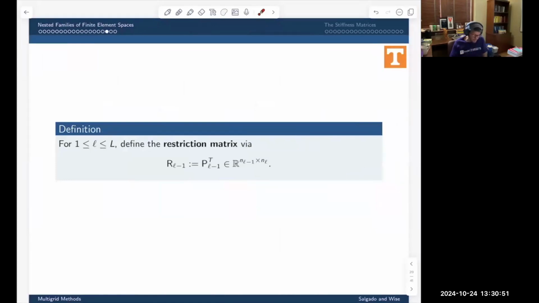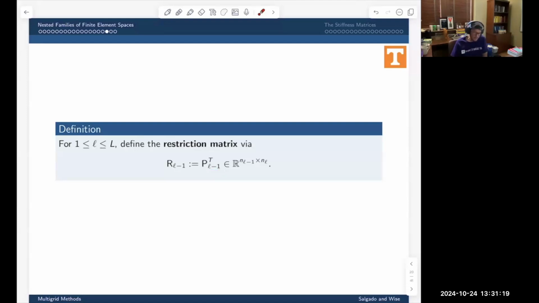All right. Now we're going to define the restriction matrix as we usually do, because we're really interested in satisfying the Galerkin condition. To do that, we know that we should probably take the restriction matrix to be the usual Euclidean transpose of the prolongation matrix. That's how we're going to define things here. We don't have to do this.